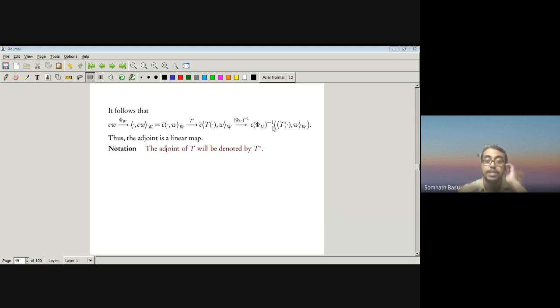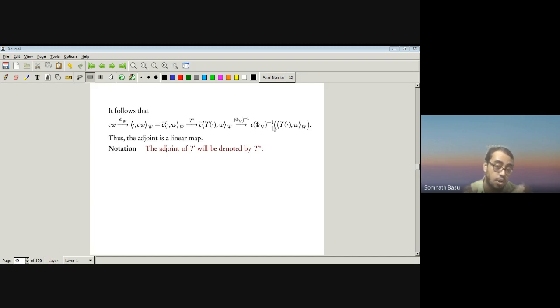So we will denote the adjoint of T also by T star. And this is the point of confusion for many, and you will have to get used to it. Don't be throwing up your hand saying, okay, this is too much. This is an abuse of notation, but it's a good abuse of notation as opposed to many other abuses of notation you'll encounter in mathematics and science subsequently.